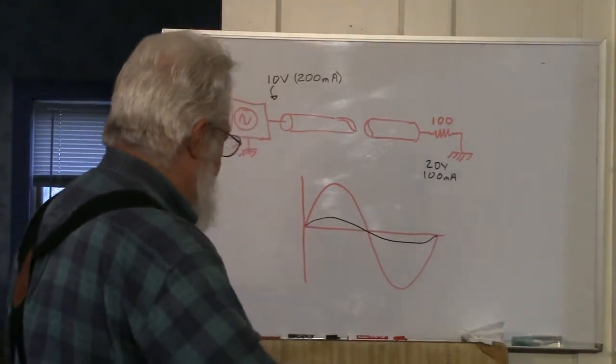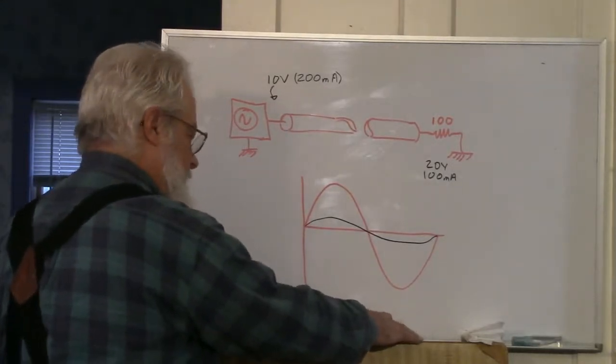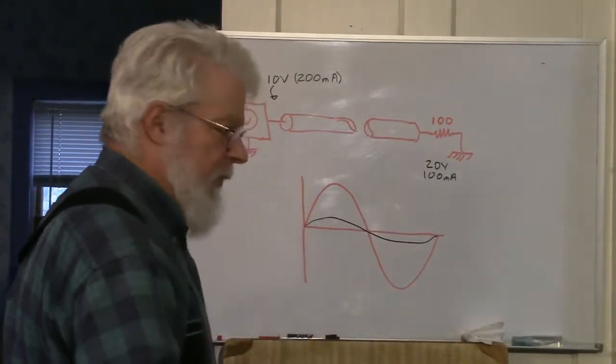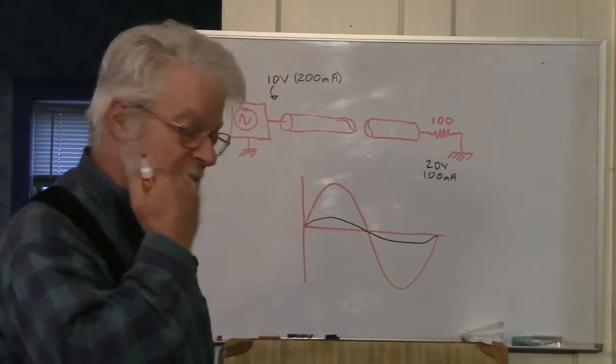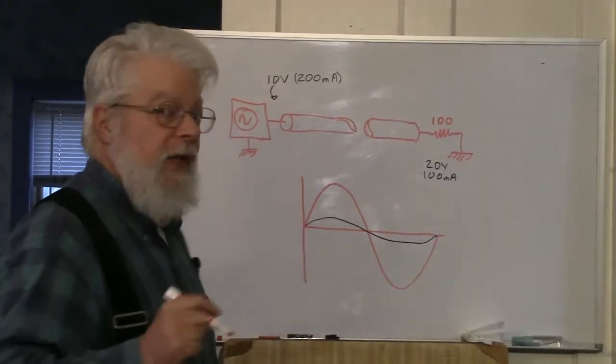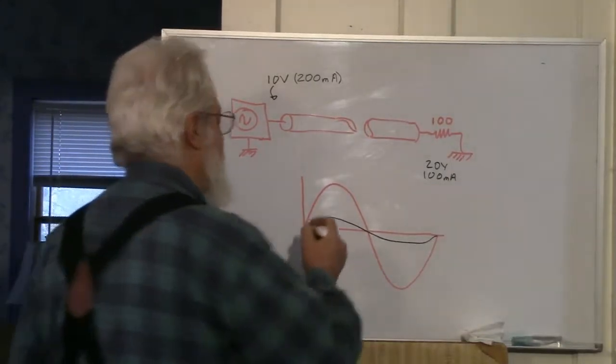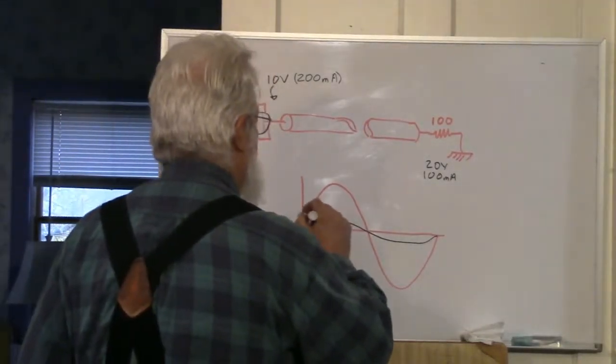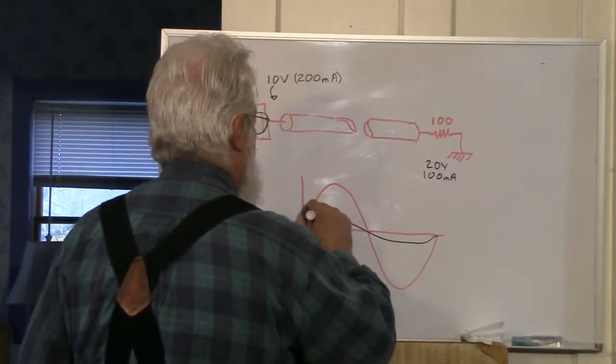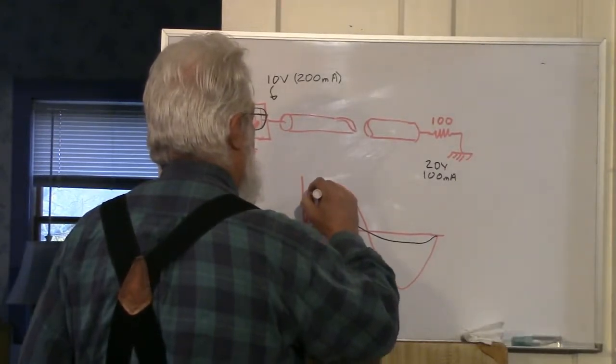So what we end up with back at the source is a composite voltage, the standing wave, or a standing voltage wave, however you wish to describe it, that looks like this.